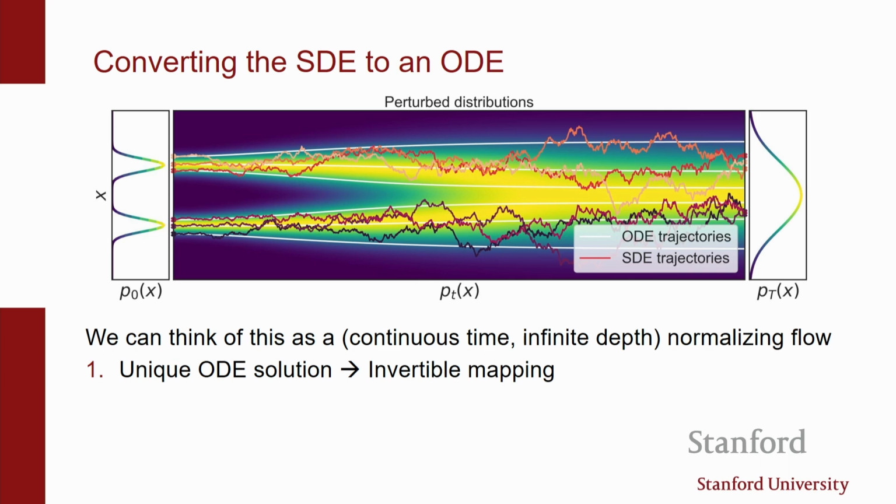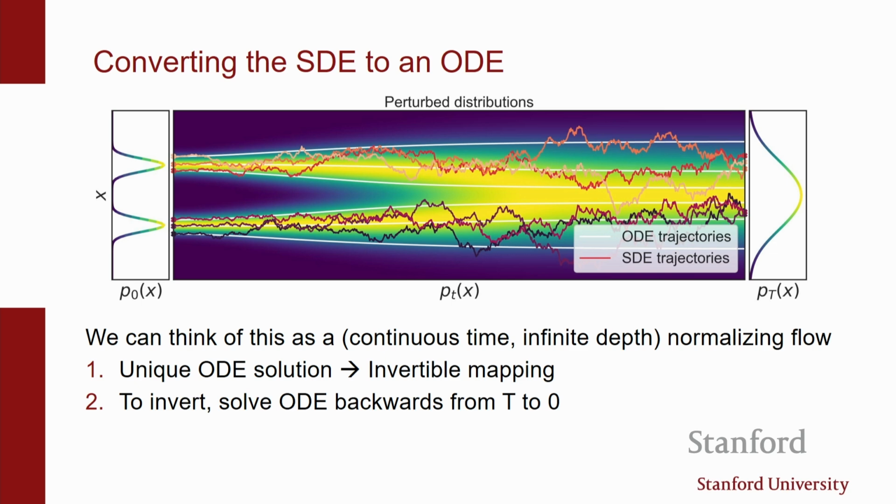But if you solve the ODE, now you're inferring the latent variables deterministically. And because ODEs have unique solutions, the mapping is invertible. So once you have the score, you can convert it into a flow model that has exactly the same marginal densities over time.